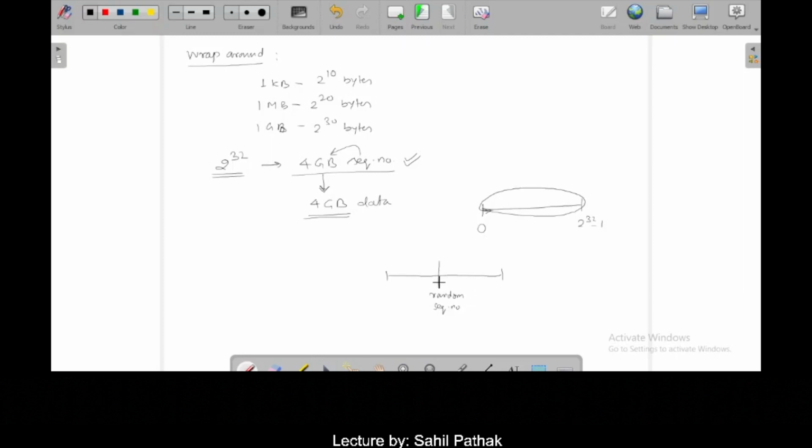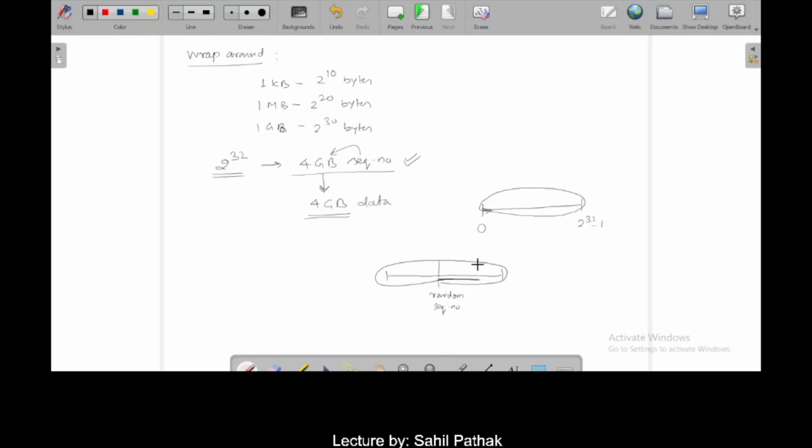Once we have received the random sequence number, it is going to be something like this. We have to wrap around. Once we have reached all the 4 GB sequence numbers, we have to reuse the same sequence numbers again and again. सो इसके 4 GB के बाद अगर जो यूज होगा वो मुझे सेम सीक्वेंस नंबर यूज करना होगा.